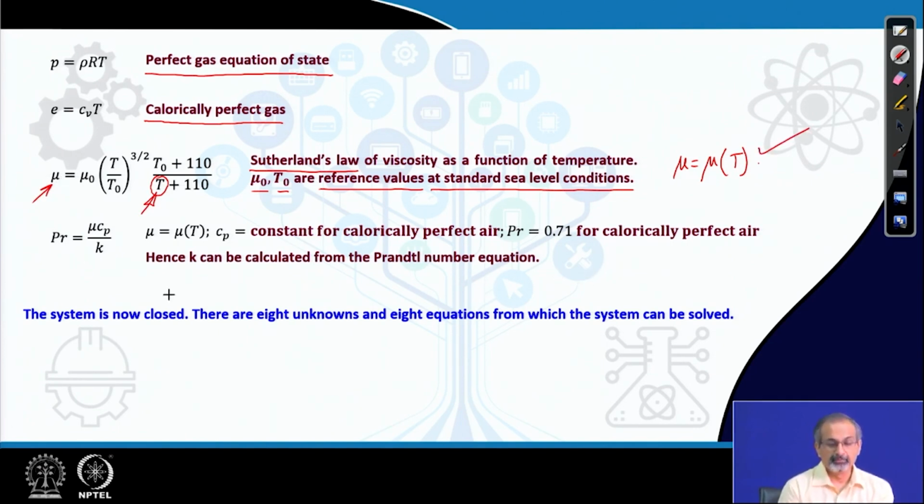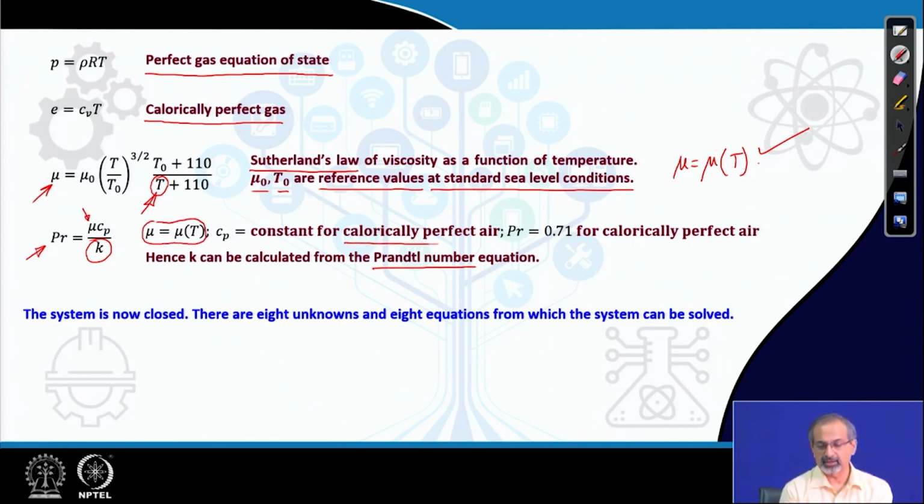What about K? Let us see how we can work out K, the thermal conductivity. For that we invoke the equation for Prandtl number, mu Cp by K. We already discussed that mu will be worked out as a function of T. So, that can be plugged in here.